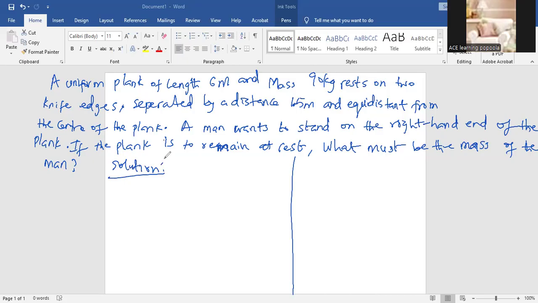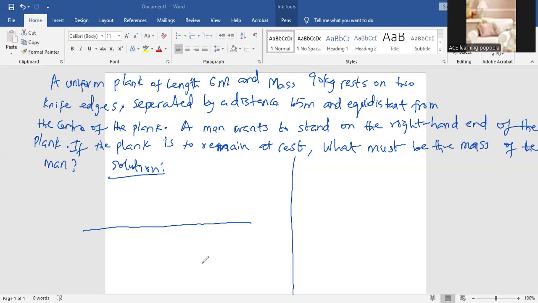For questions like this, it's a good practice to try and draw a picture of the question so that you can see what you want to do and understand what to do. So if I make a quick sketch, we have a plank whose mass is 90.